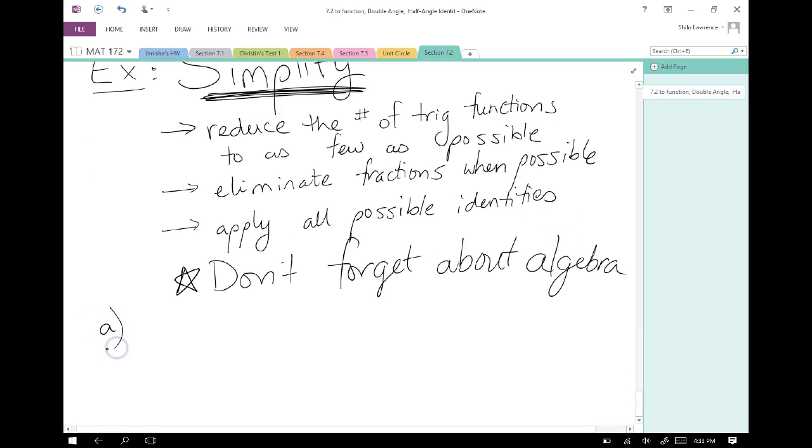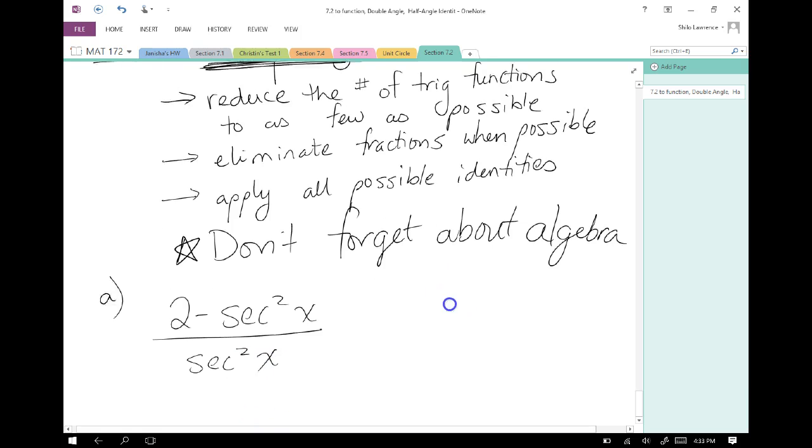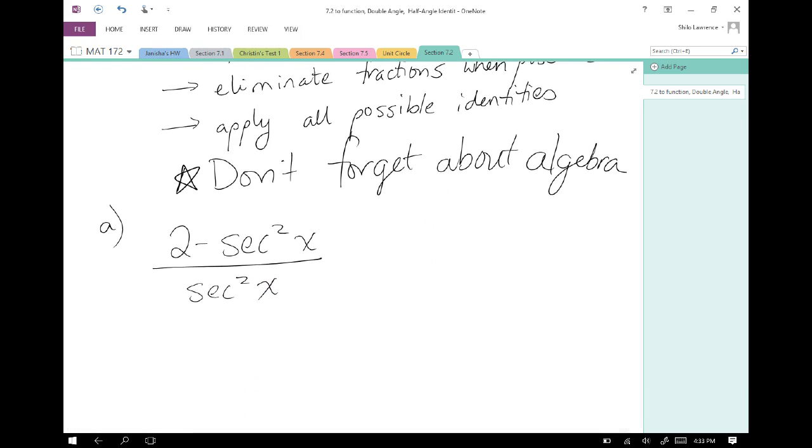So the first one we're going to look at, we want to simplify 2 minus secant squared x all over secant squared x.